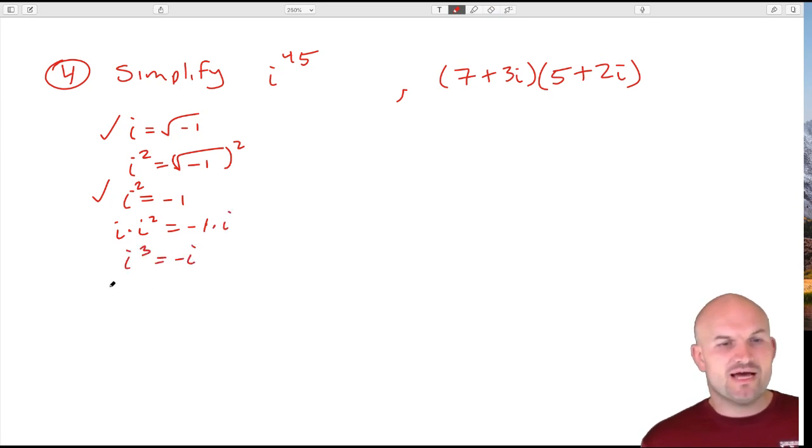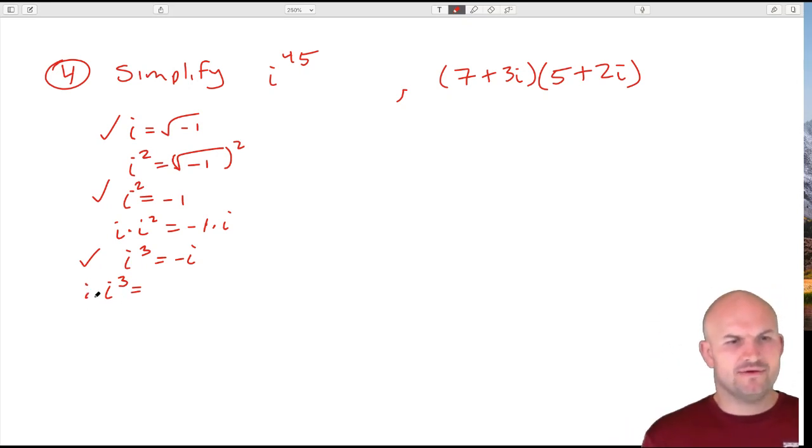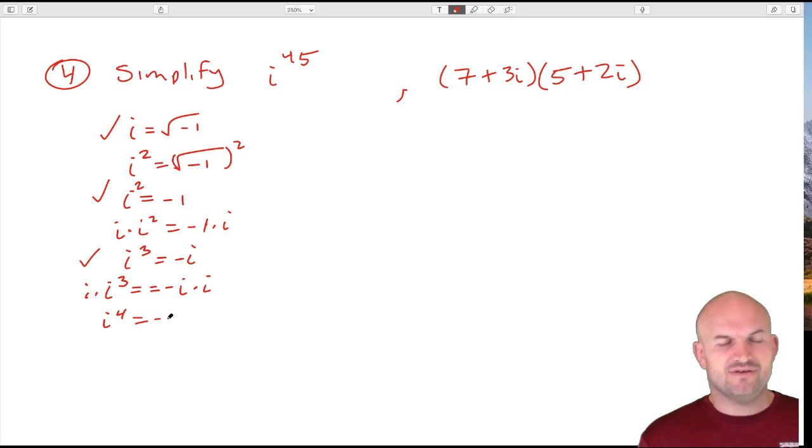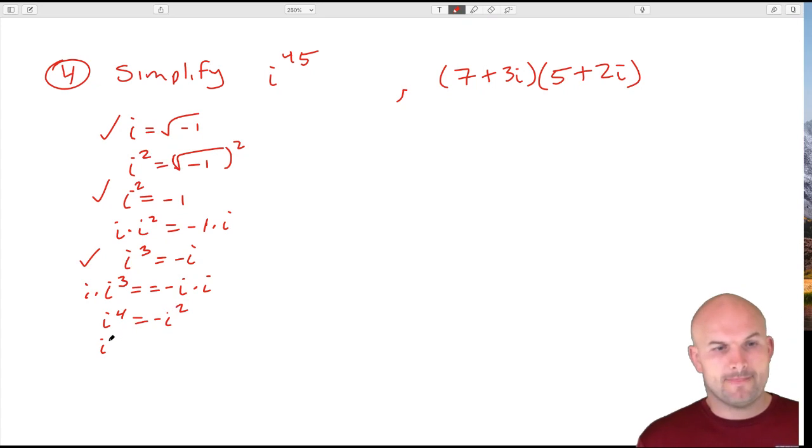And if you were to multiply by i one more time, here we'd have a -i times i. So therefore, this is going to give us i to the 4th is equal to -i squared. Well, i squared again is equal to -1. Negative times -1, so i to the 4th is equal to 1.